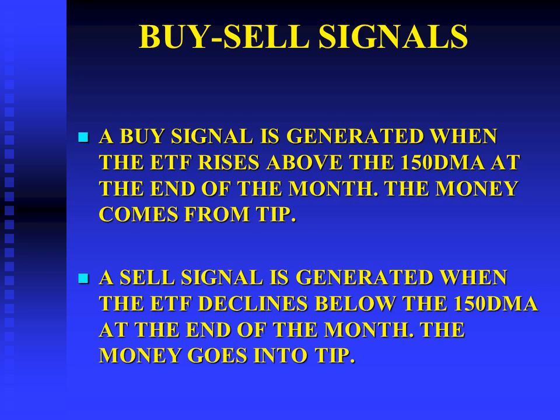A buy signal is generated when the ETF rises above the 150-day moving average at the end of the month. The money comes from TIP when it is a buy. A sell signal is generated when the ETF declines below the 150-day moving average at the end of the month. The money goes into TIP.